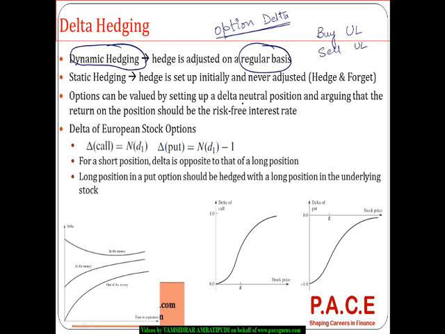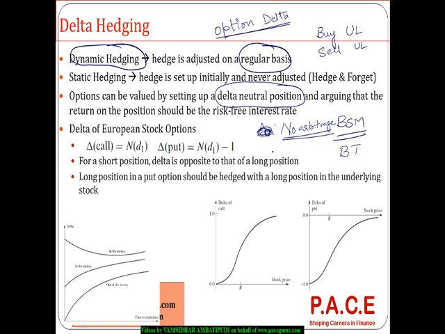So options can always be valued. If I am trying to compare it with the Black-Scholes model, or probably the binomial tree if you are trying to recollect that, we have set up a delta neutral position, especially the arbitrage-free, or what we call a no-arbitrage kind of evaluation.